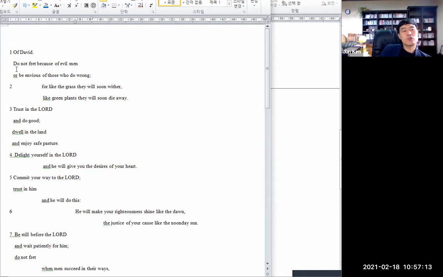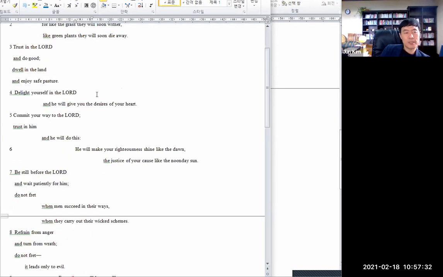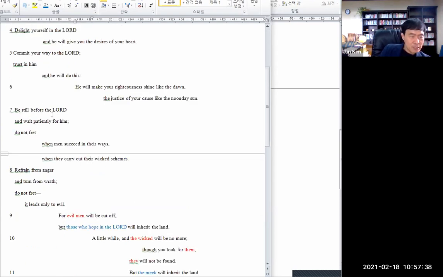So it says, do not fret because of evil men, or be envious of those who do wrong. Okay? You don't need to move on to the subordinated idea. And let's just follow. Trust in the Lord, do good, dwell in the land, and enjoy safe pasture. Delight yourself in the Lord, commit your way to the Lord, trust in him. Be still before the Lord and wait patiently for him.